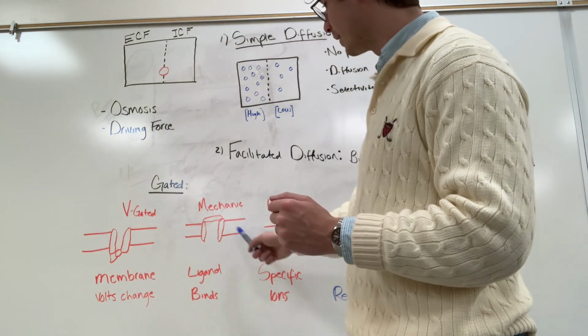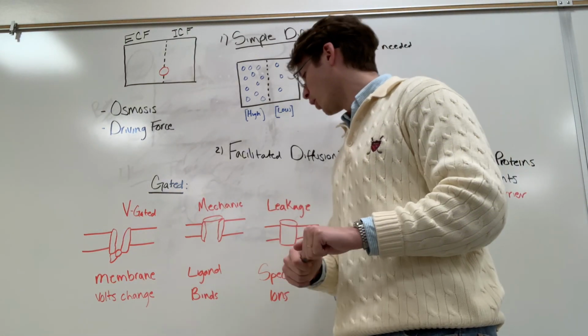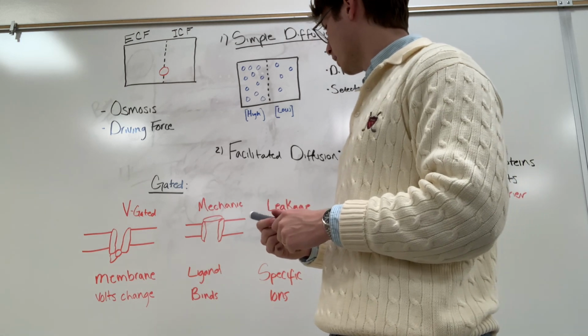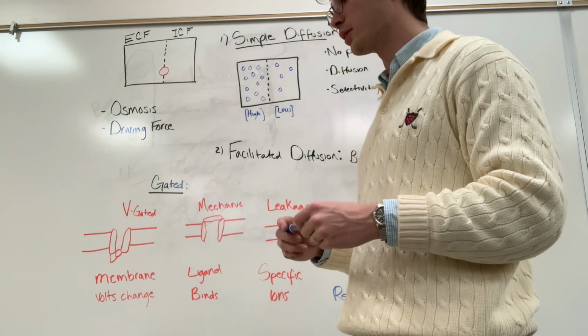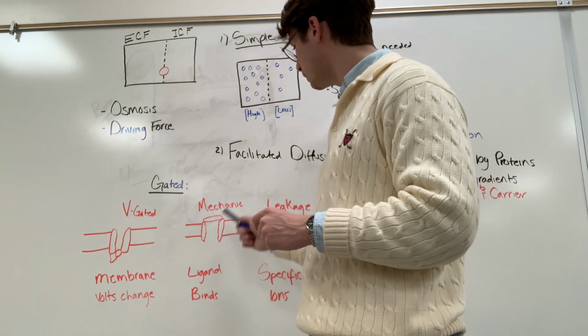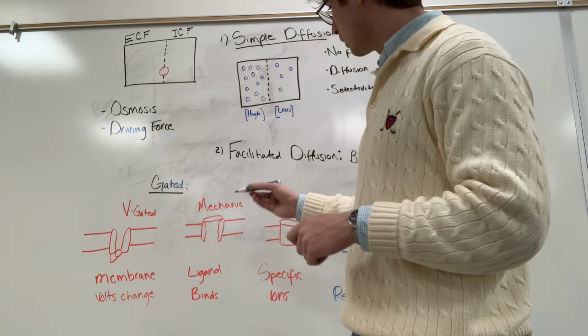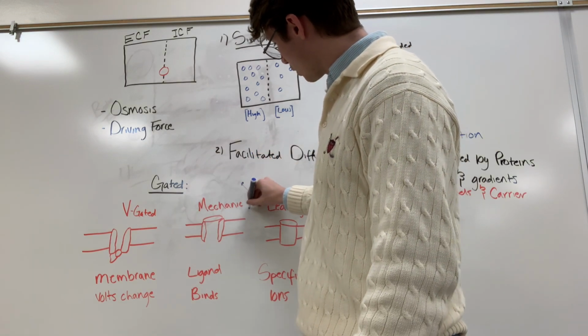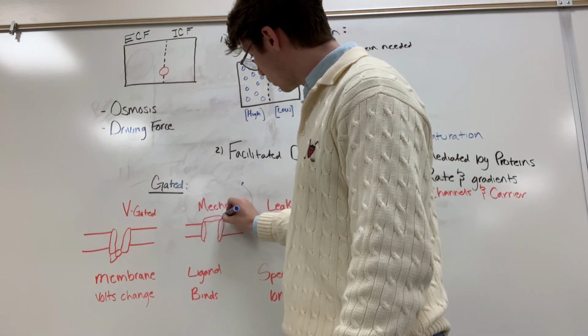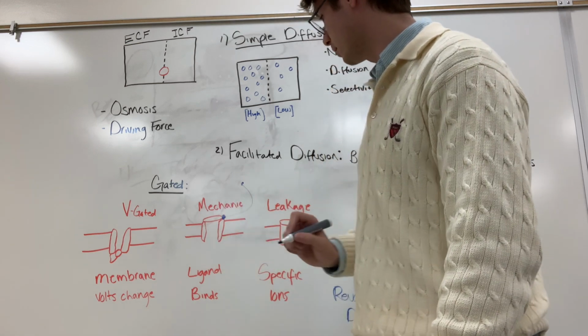Mechanically gated channels are different because this idea of selectivity is very important here. A ligand or a protein is going to bind. It will come from the outside, and it will bind onto a binding spot on this gate.